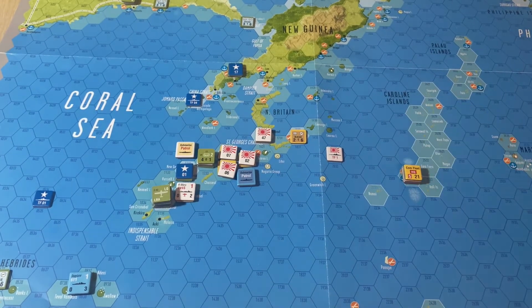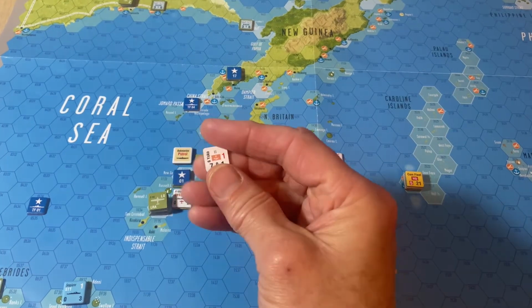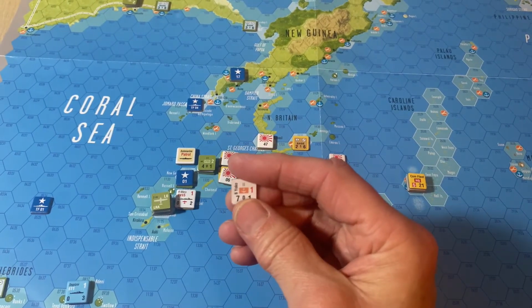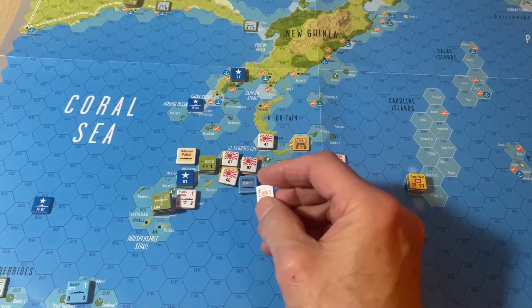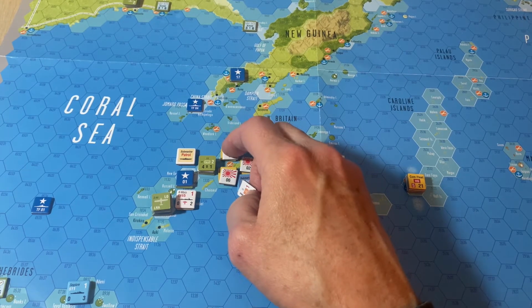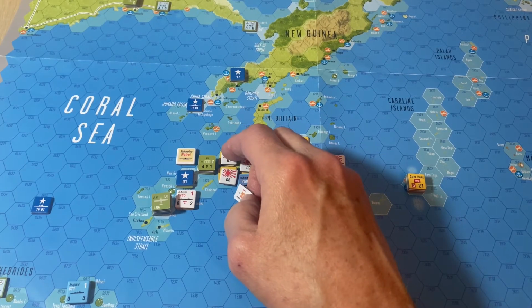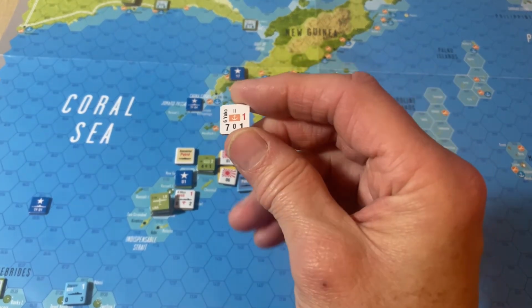So that's the end of. Oh, and I did, yeah, that was kind of important. I had 3 planes come off an air mission from Guadalcanal and attack this Bougainville site, and they actually rolled a 0 with the 7 strength.